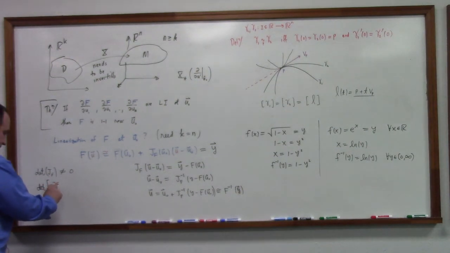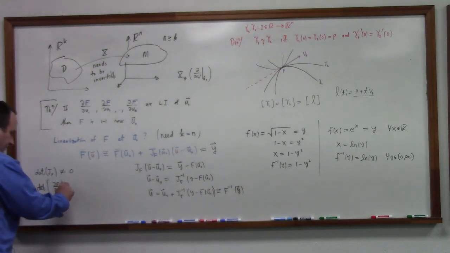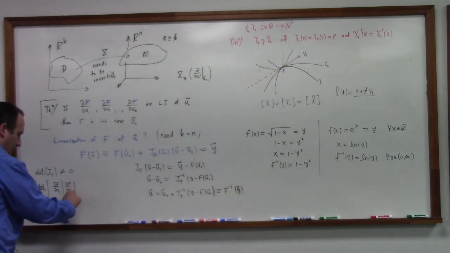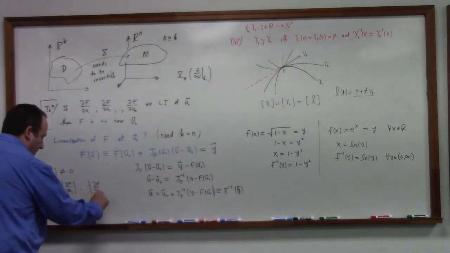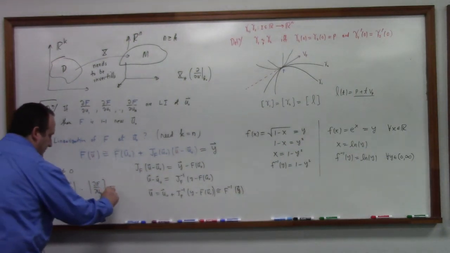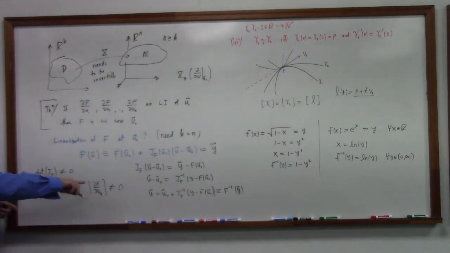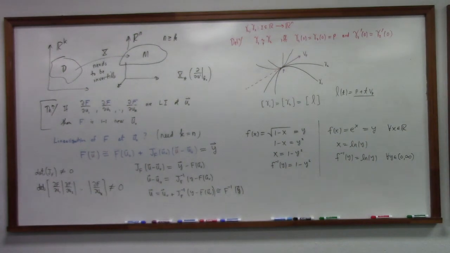It's partial f partial u1, partial f partial u2, and so forth. So that's only going to be non-zero if all of these are linearly independent. That's linear algebra: the matrix is only invertible if its columns are linearly independent. If there's any linear dependence amongst the columns of a matrix, it has 0 determinant.